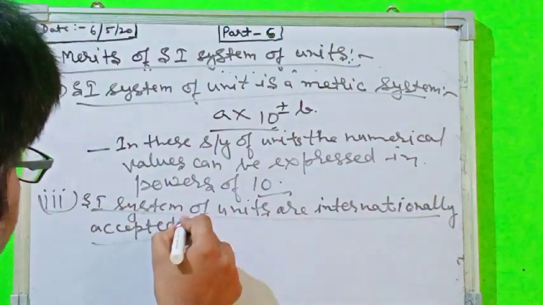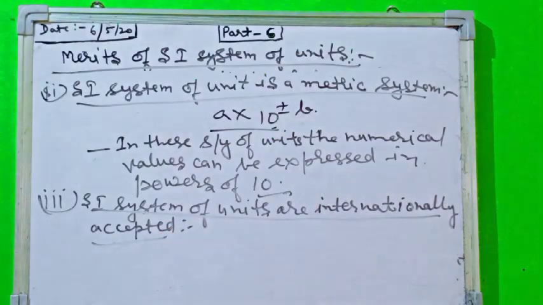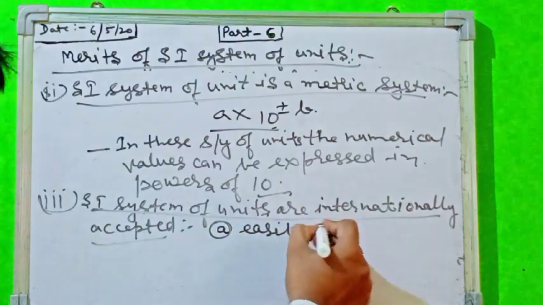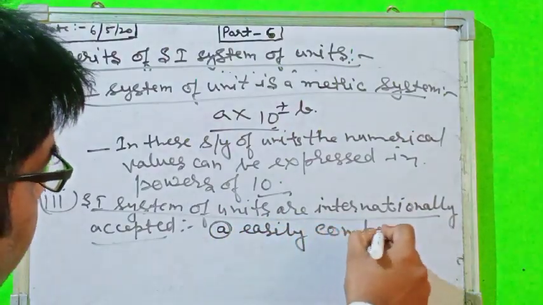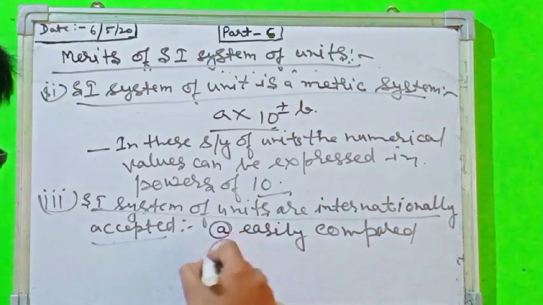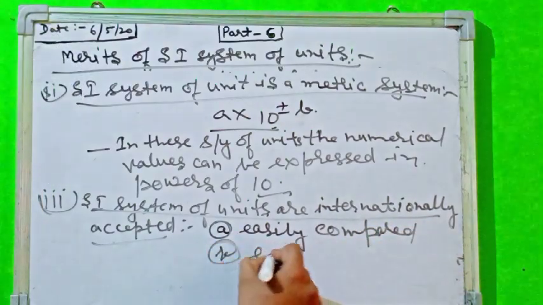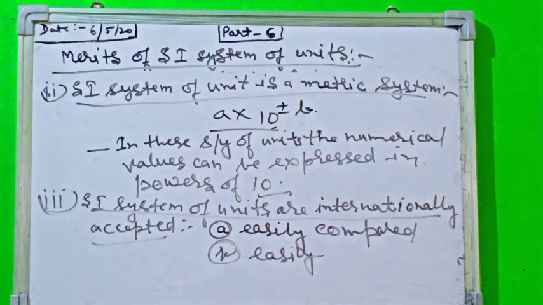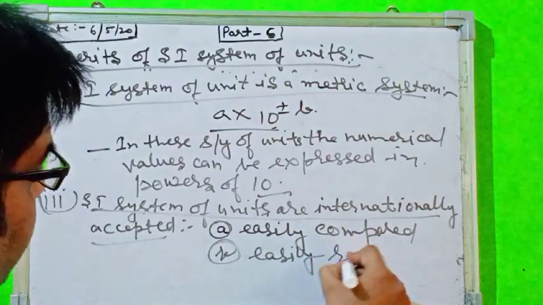SI system of unit is internationally accepted, means on the international or global platform, the SI system is accepted. What qualities made it acceptable on the global platform? That is, it is easily compared, and easily reproduced, means you can make another one from the previous one.